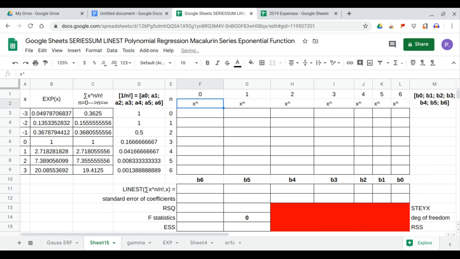So we have the power, and then we generate the 1 comma x matrix, which is our formula of the x values to the power 1 or to the power 0. So we have the 1 column, and then we lock the references.